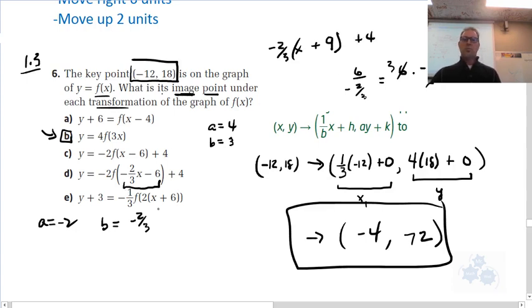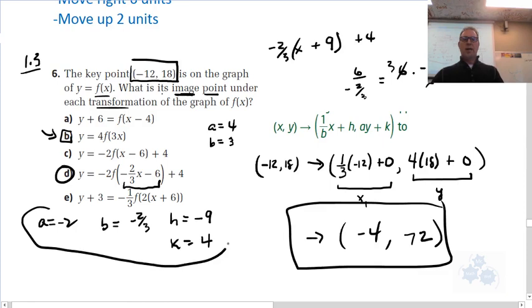So H is actually negative 9, looks like. Okay. That's a tricky part there. And then K is the plus 4, looks like. Okay, so for D, you're going to want to use those values in the mapping notation here, and you should get your new points.